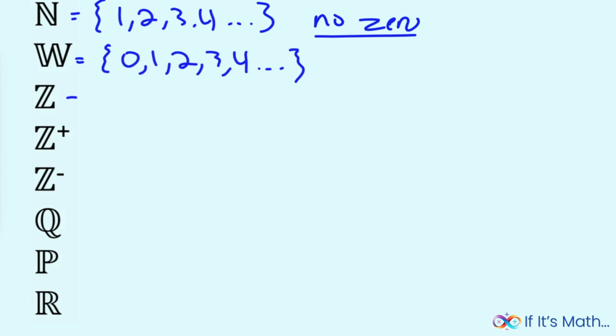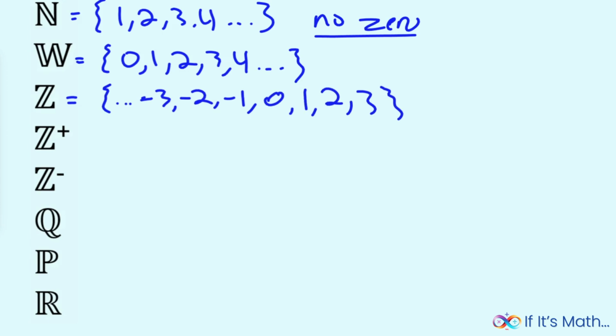Get our integers in. So where we're finally bringing in our negative numbers, remember? -3, -2, -1, 0, 1, 2, 3, so on forever. Our positive integers, starting with 1, 2, 3, 4, 5, and so on forever.